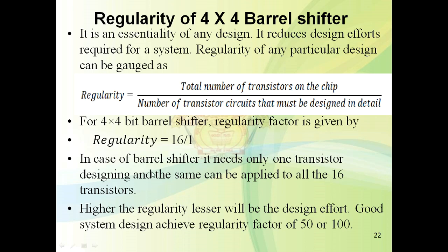Hence the regularity is 16 divided by 1, which is 16. The higher the regularity, the lesser the design effort, and good system designs achieve a regularity factor of 50 or 100. So for good regularity, this factor should be about 50 to 100.